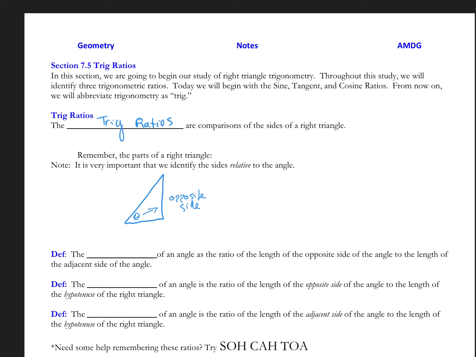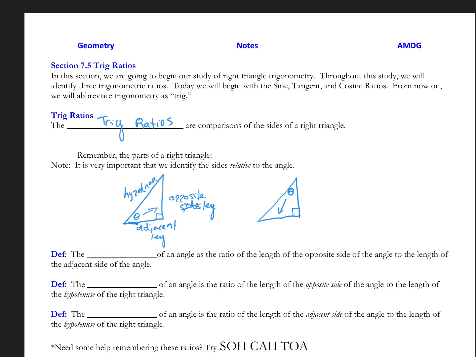The side that is closer to it, or instead of side I should say leg, we also have the adjacent leg, and that is the one that is touching the angle. It's part of the angle. And then of course we have the hypotenuse. And what's important to note is I could draw the same triangle again, and when I draw that triangle I could be talking about this angle up here, and that changes the sides.